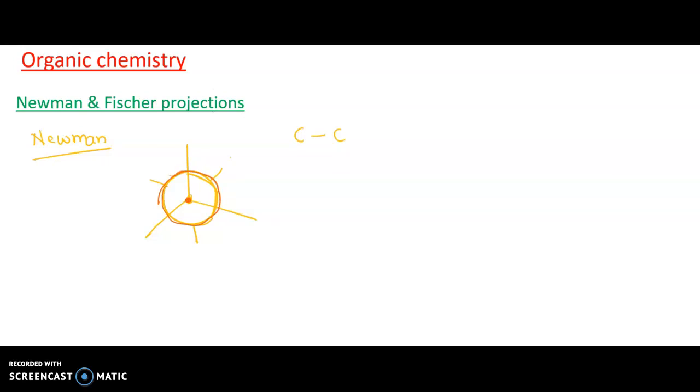If there is something like ethane, just assume there is an ethane molecule. In ethane each carbon is bonded with four bonds: three bonds with hydrogen atoms and the remaining one with a carbon atom. These two carbons I'm representing with this dot and with the circle.